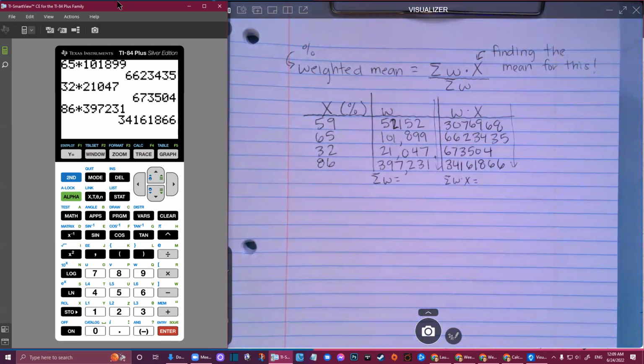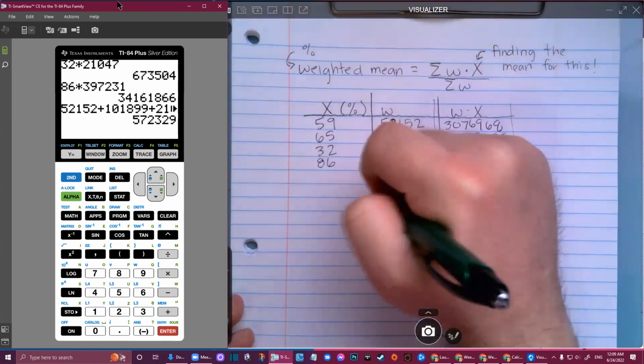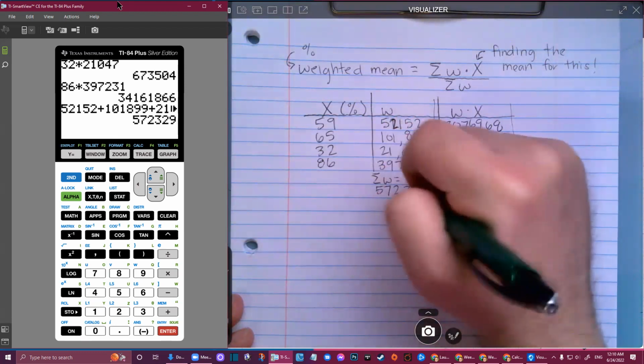The next thing we're going to do is we're going to add down those second two columns. We're going to add the weights together to find the denominator of our fraction. We're going to add down the weights times the data values to find the numerator of that fraction. When I add down that middle column, I get 572,392.